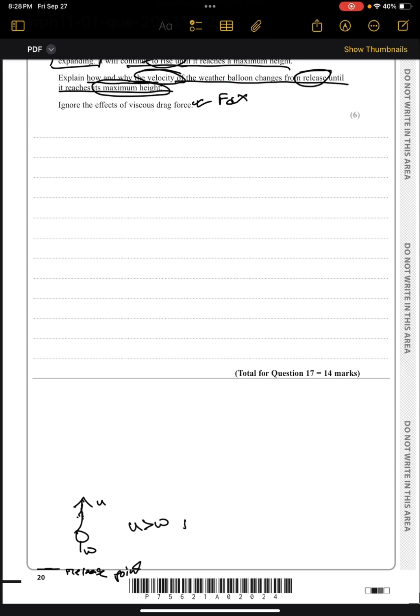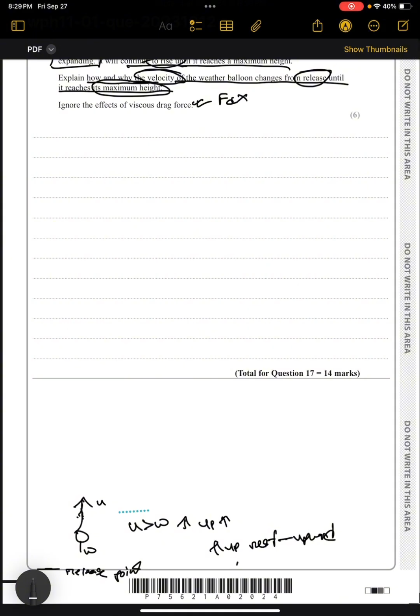That's why there is a force upward. The upthrust was greater, so there was a resultant force upward. There was an upward resultant force.